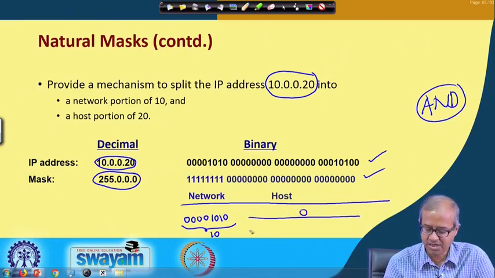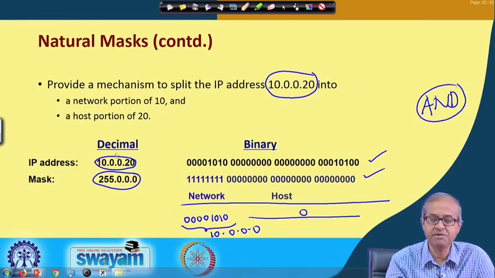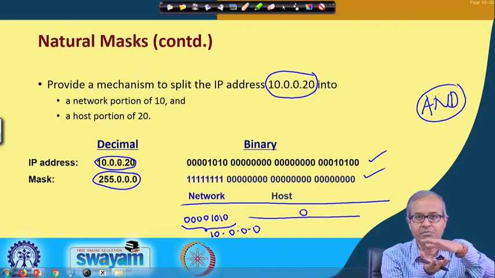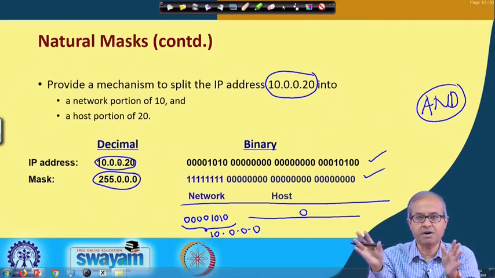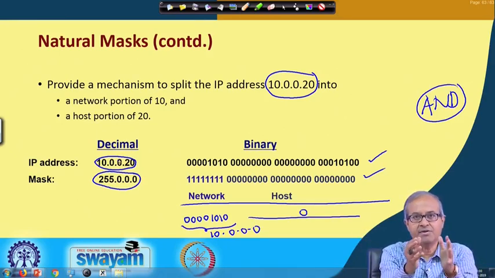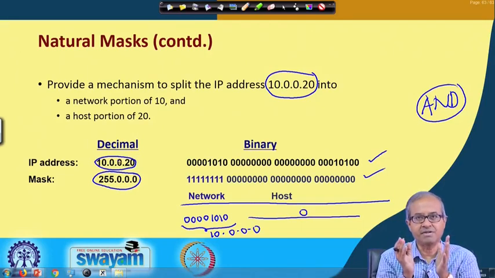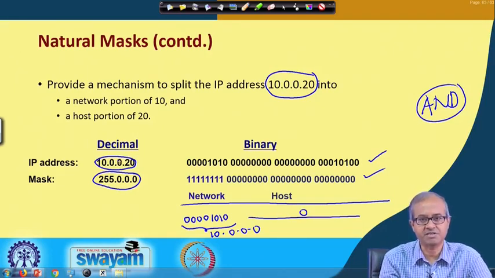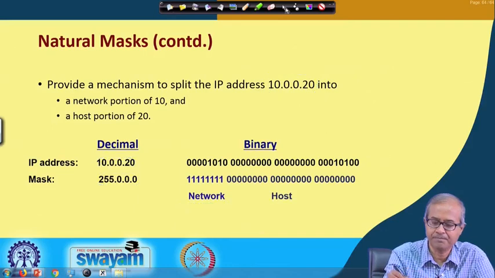So, in dotted decimal notation it will be 10.0.0.0, which indicates the network number. So, from the mask, if you do a bit by bit AND, you are masking the host part, making it all 0, and you are extracting the network number. That is the main purpose of the mask.